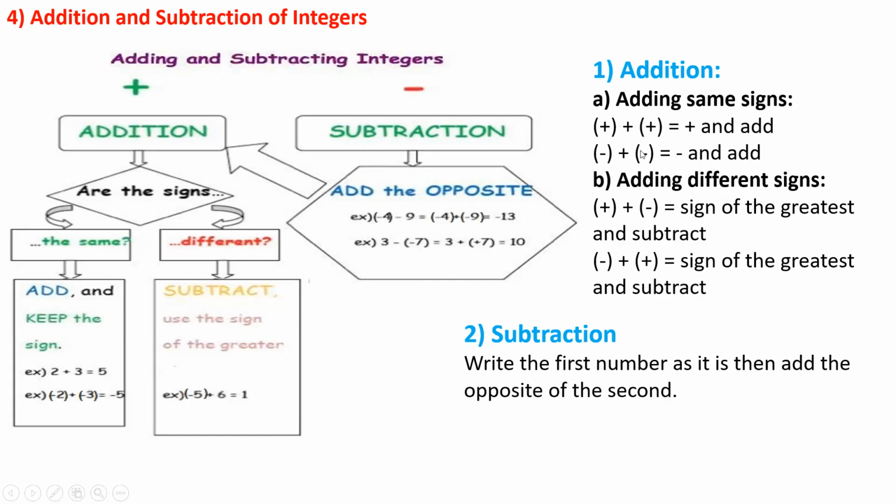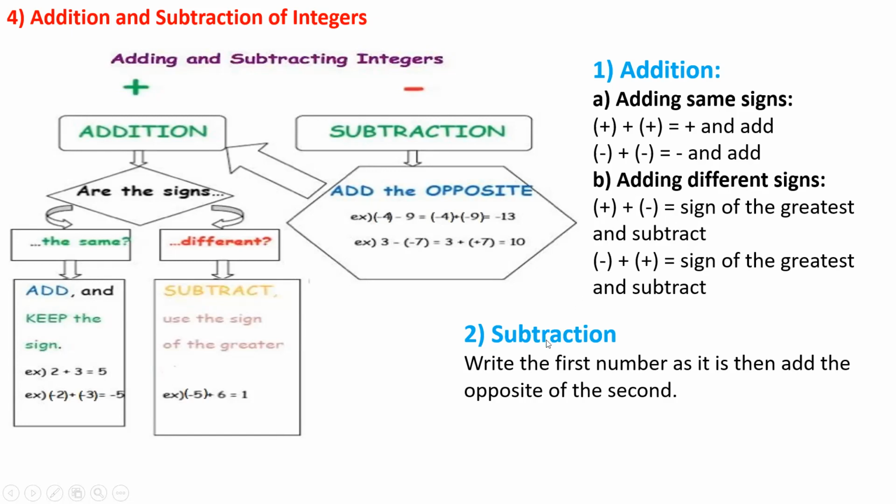If I'm adding a negative with a negative, also my answer will be negative, and I add both numbers. If I am adding different signs, for example, a positive number with a negative number or a negative number with a positive number, here the sign of the result depends on the sign of the greatest number between both, and we subtract to get the result.